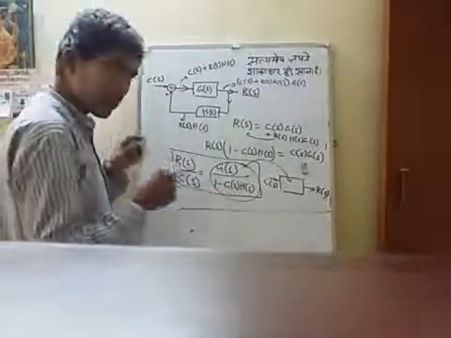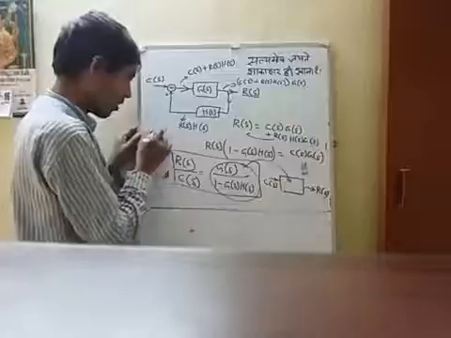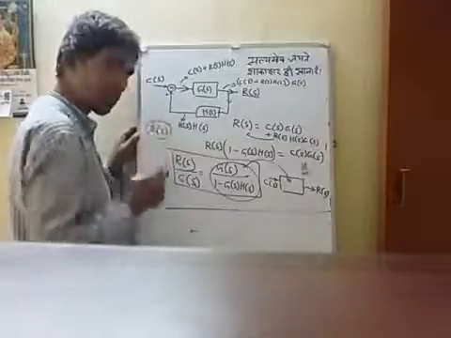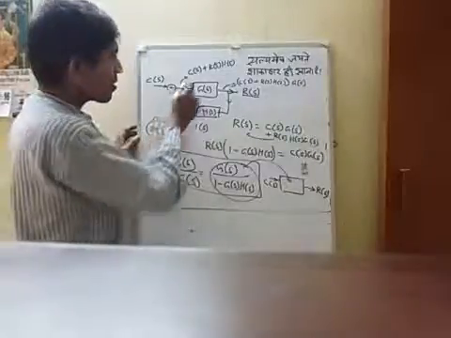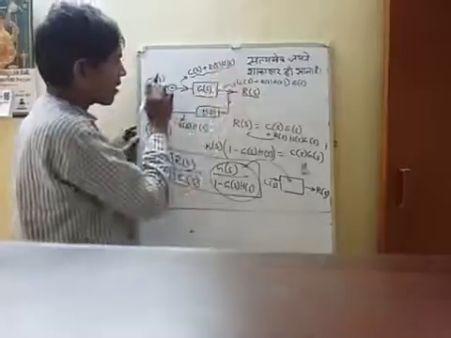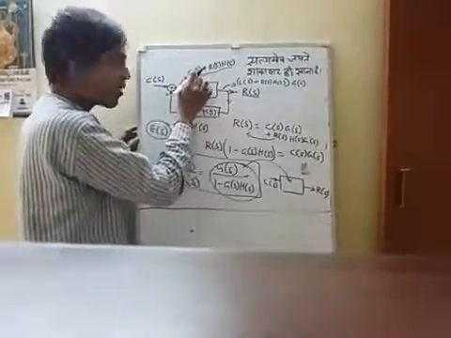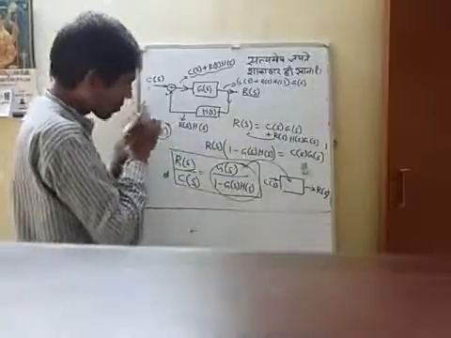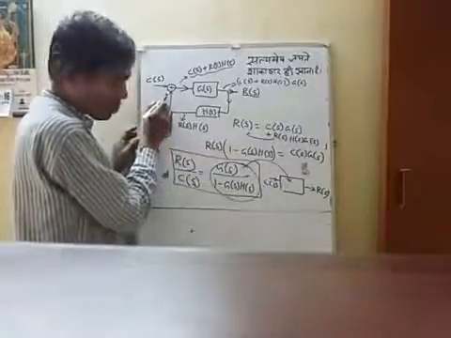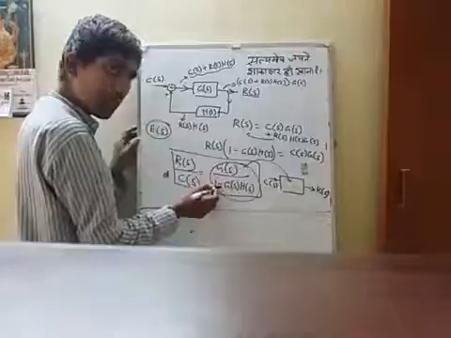Now we will try to compute error e of s. So what is e of s? This particular part, whatever you are getting, this plus this, we will call as e of s. Now one more thing you have to observe. If you take here plus, that is positive feedback, then you will get minus here.